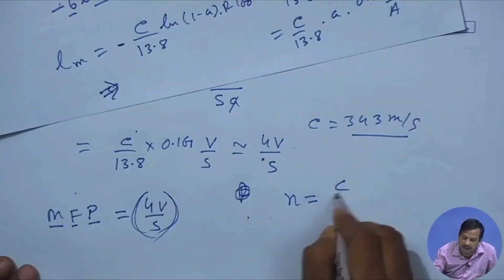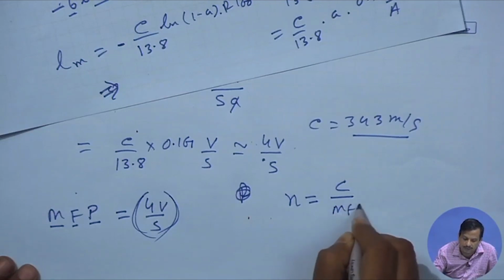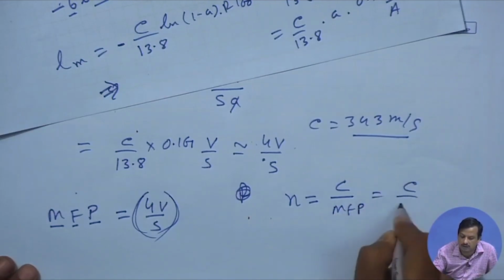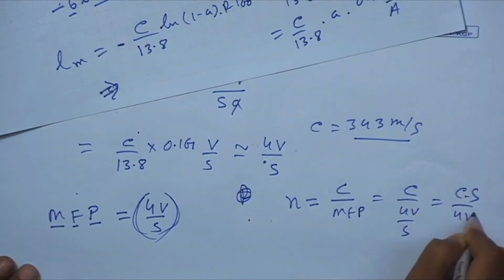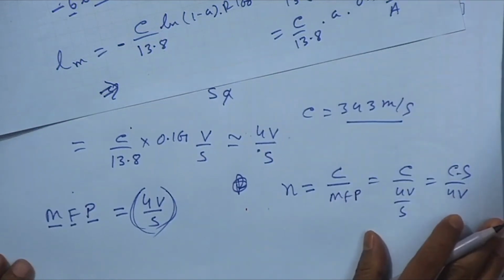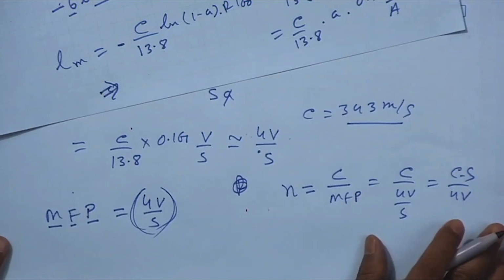So, it is c by 4 V by S, that is, c into S by 4 V. V is the volume of the room, c is the velocity of sound, and S is the surface area of the room.